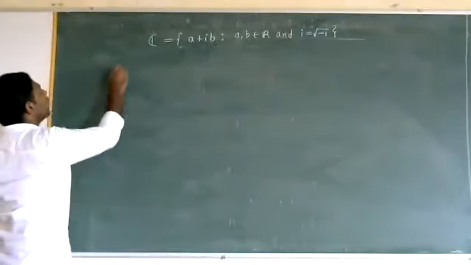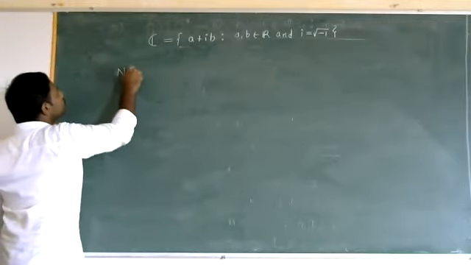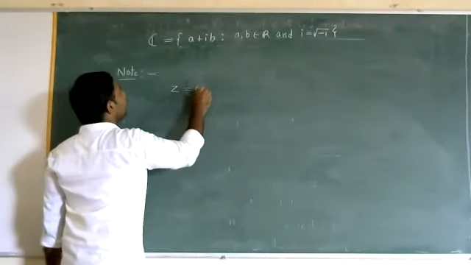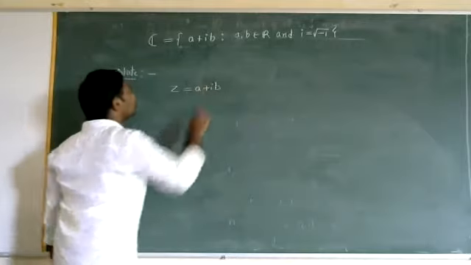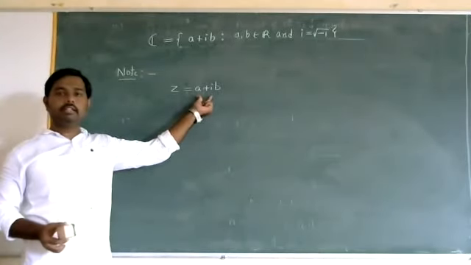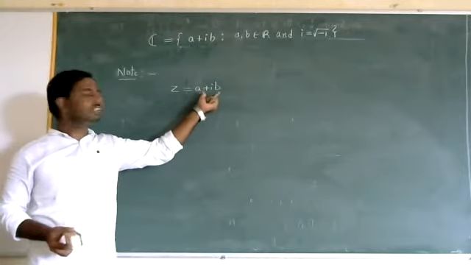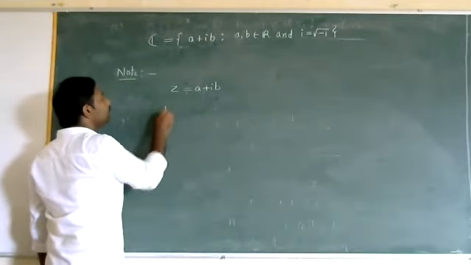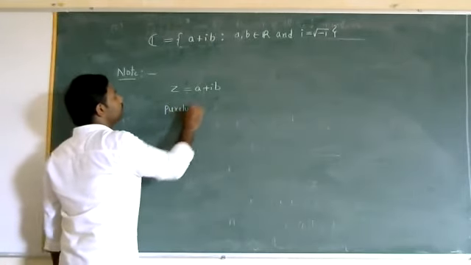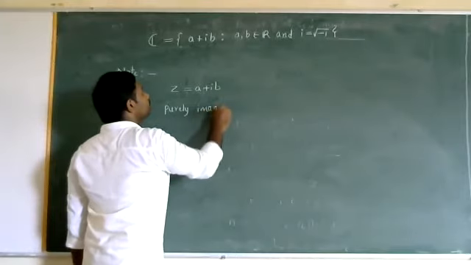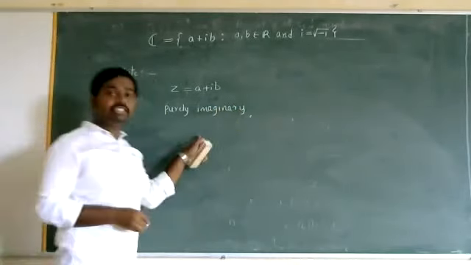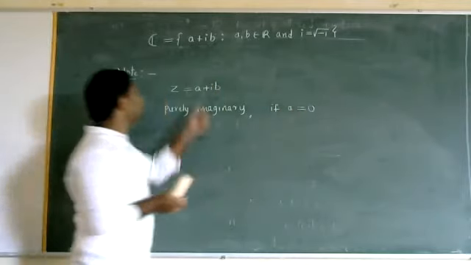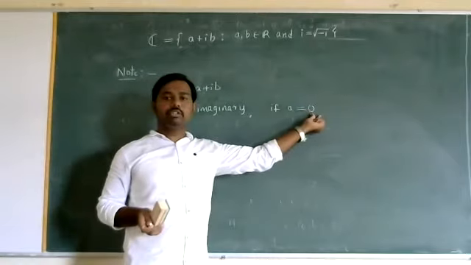Now, some observations. In the complex number a plus ib, consider any complex number z equal to a plus ib. It is a general complex number. This complex number is said to be purely imaginary if the real part of that complex number, that is a, is equal to 0.